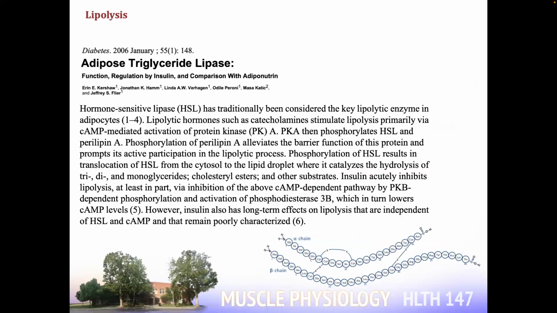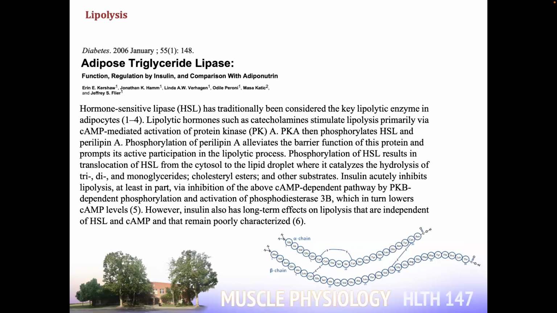Hormone-sensitive lipase gets all the praise as the lipolytic enzyme, the one doing all your lipolysis. But ATGL, adipose triglyceride lipase, does most of the first lysing on the triglyceride, the TAG, the triacylglycerol. Adipose triglyceride lipase does that initial lysing.